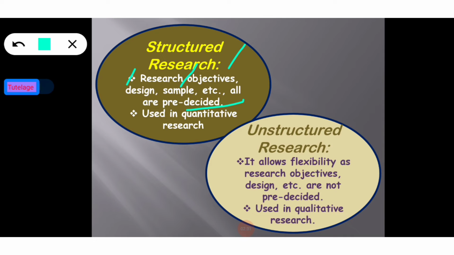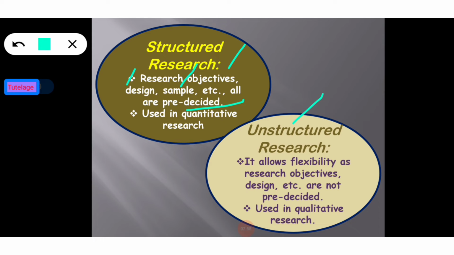That's why, as we all know, quantitative research is usually structured research, and the sample size of quantitative research is larger than qualitative research. The basic reason is that objectives, design, and sample size are all pre-decided, so the sample size is larger than in unstructured research.